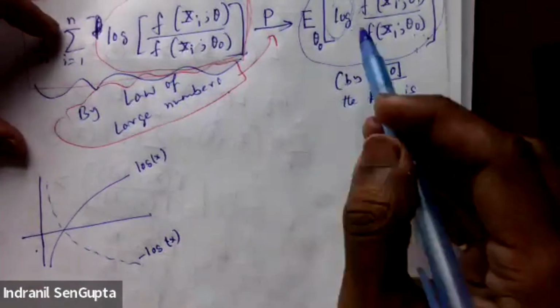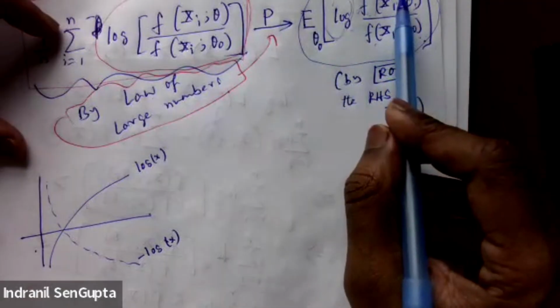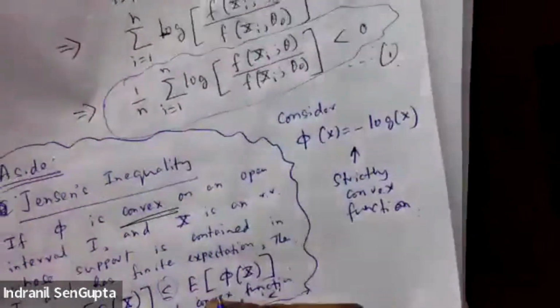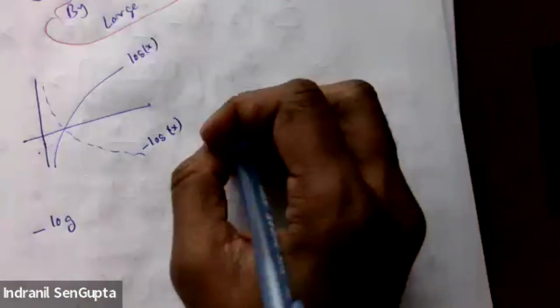So this relation in terms of logs. What I'm trying to say is the following. If I use Jensen's inequality, minus log of E of x would be less than or equal to E of minus log of x.